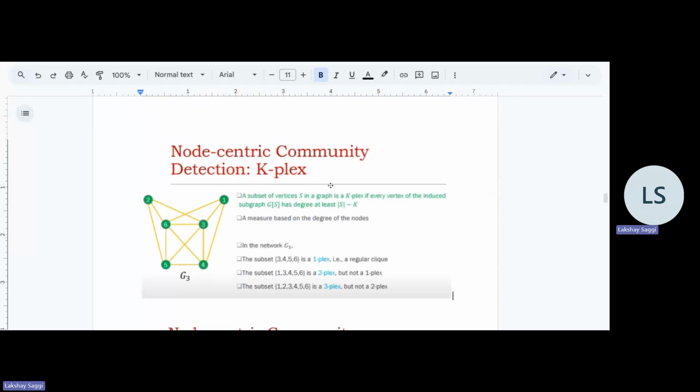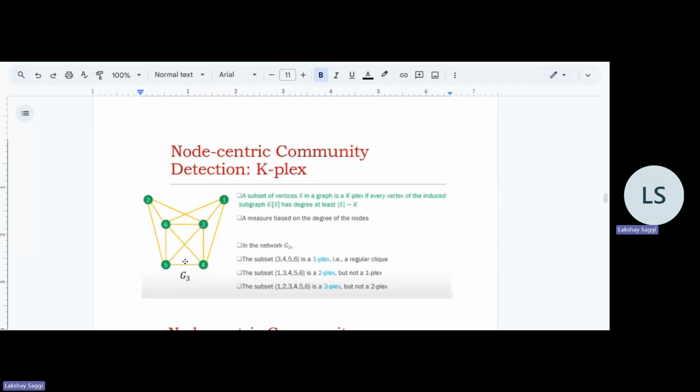I think a similar thing has previously been discussed in the lectures as well, not with the name K-plex, but in some other context. A subset of vertices in a graph is a K-plex if every vertex of the induced subgraph G[S] has degree at least the size of S minus K. The K-plex is a measure based on degree.